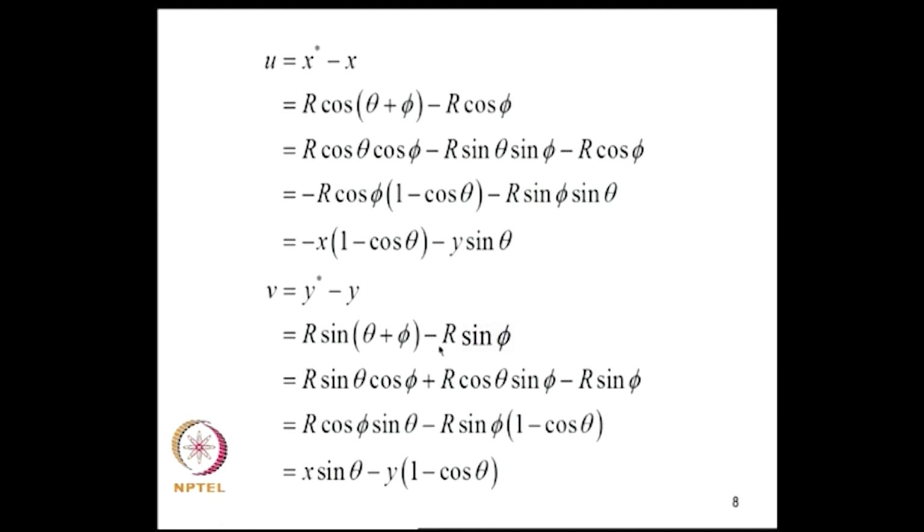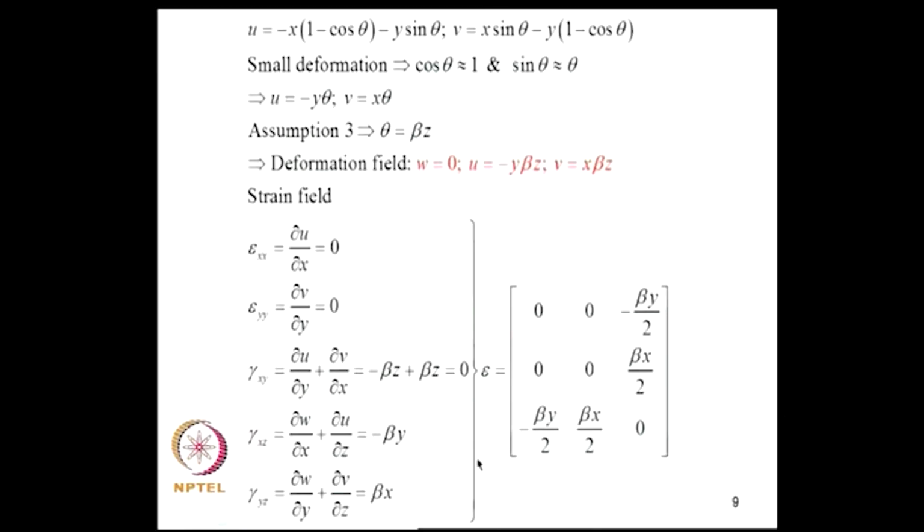Going through similar steps, y star is r sin (theta plus phi) and this is r sin phi. If we expand this, after simplification I get v to be x sin theta minus y (1 minus cos theta). So, this is a displacement field consistent with the assumptions made.